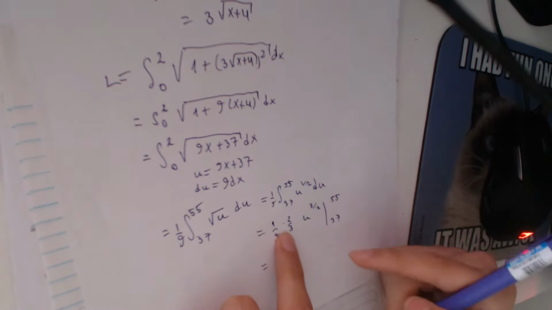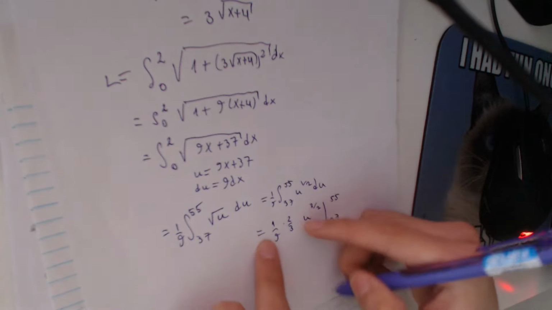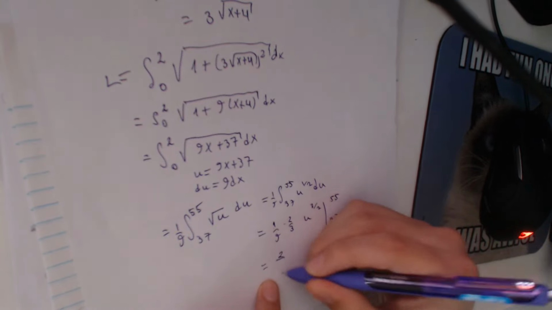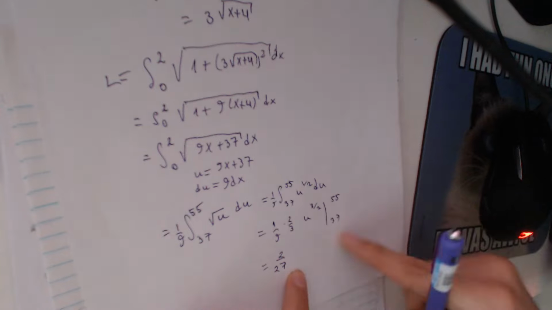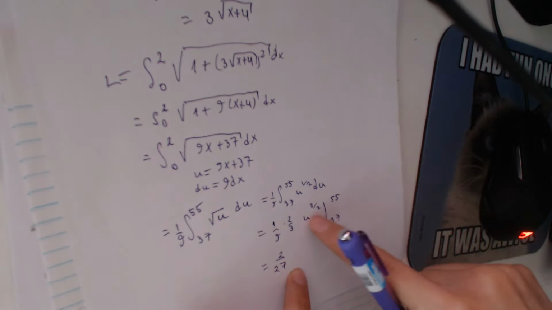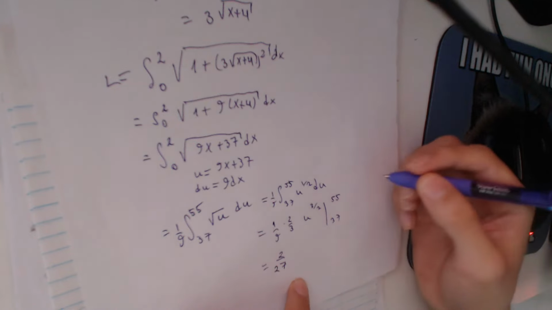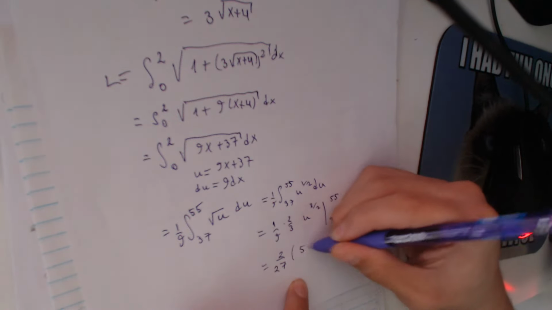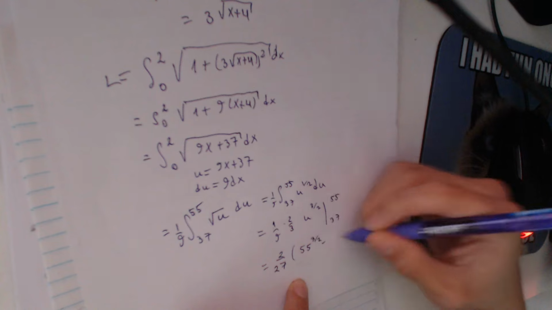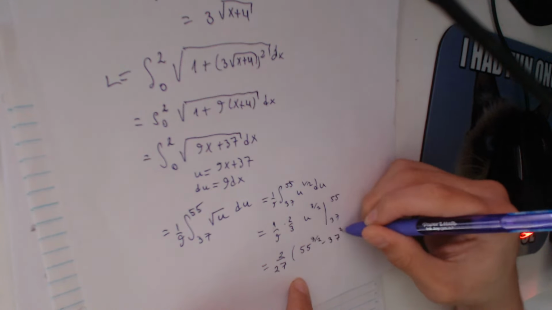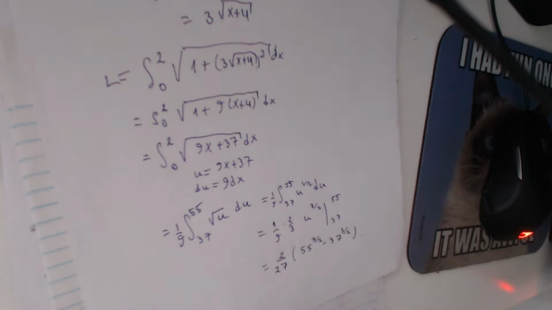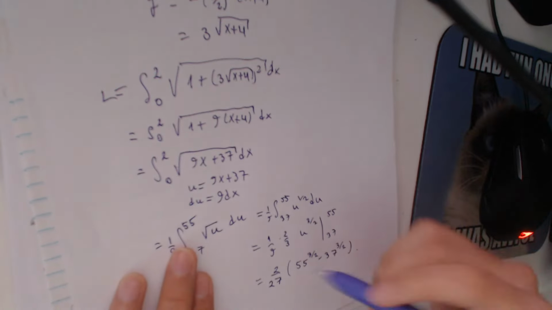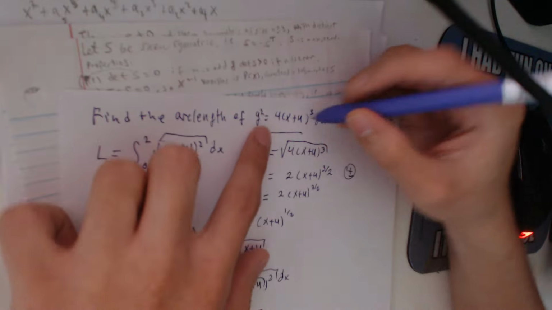And then this is a product of fractions, so that's 2 over 27 times the fundamental theorem of calculus applied to these two on this function. So that's 55 to the 3/2 minus 37 to the 3/2, and that is the arc length of this function over here.